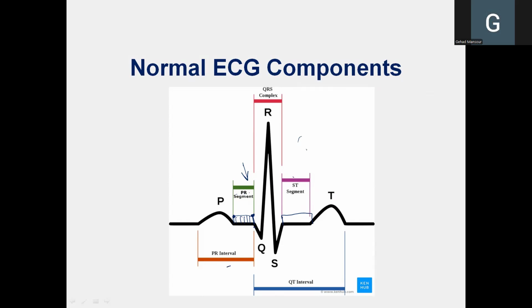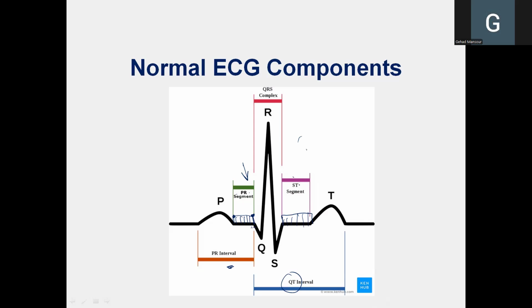But because there is another thing called the QT interval, in order not to mix up things, the nomenclature is a bit confusing. The PR segment starts at the end of the P wave and ends at the beginning of the Q wave. Another segment between two successive waves is the ST segment, and that one sounds logical.